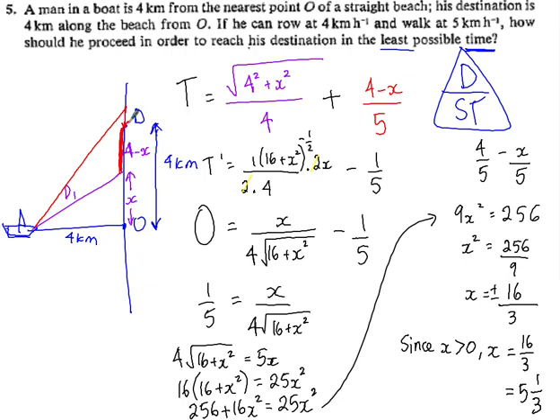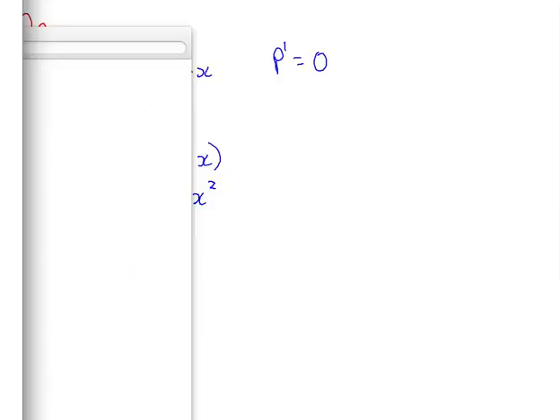It says row direct to destination. Wrong. Well, we're all wrong. Oh, so we did all that for nothing. Oh, sorry.